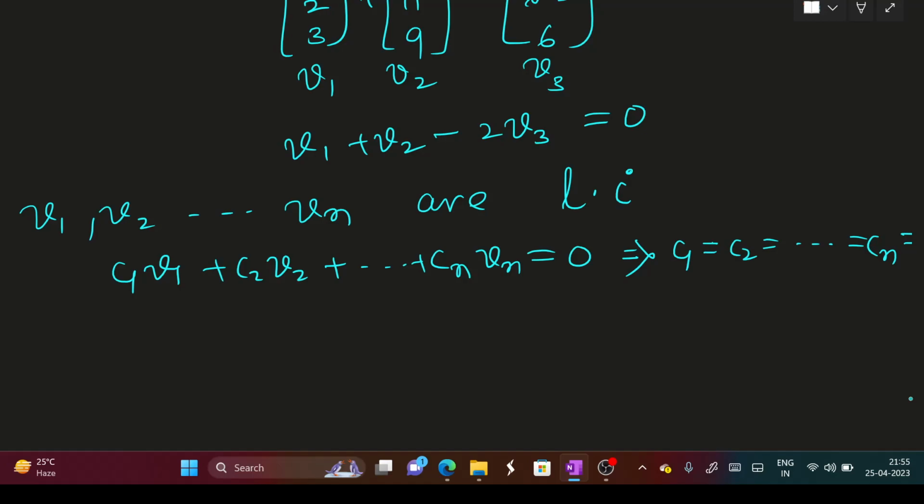If out of all these n number of scalars, at least one is non-zero, then the linear combination is non-trivial. And if any non-trivial linear combination of the vectors can be equated to 0, then they are LD, linearly dependent, or else they are linearly independent. So these are all possible definitions of linear dependency and independency.